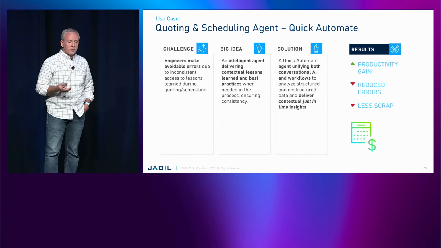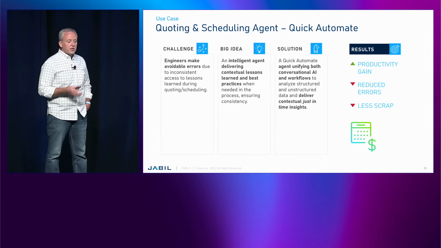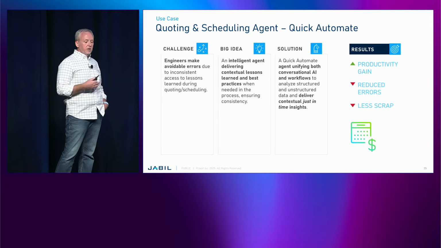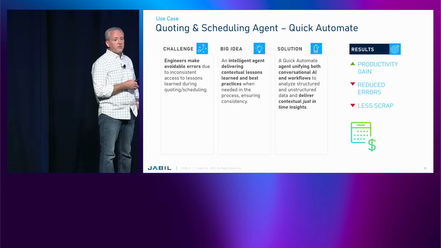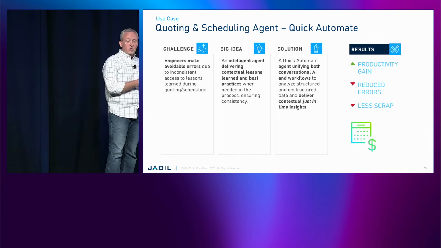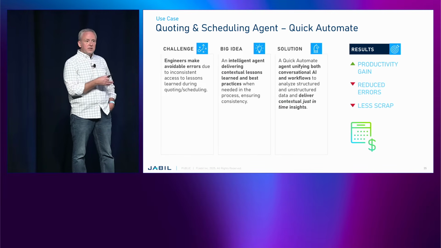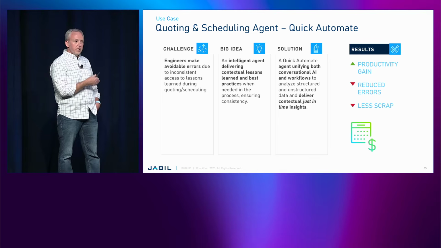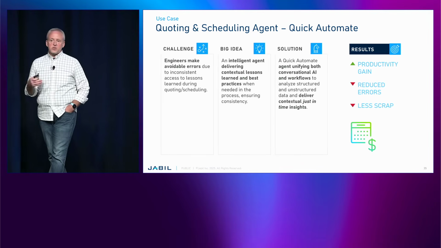So first, for the quoting and scheduling agent for our engineering team. Here, the challenge is that engineers are making avoidable errors due to inconsistent access to lessons learned. We're developing product across all those industries we talked about up front, and there are similarities in things that we are learning across those industries. As we build products, we capture our lessons learned.